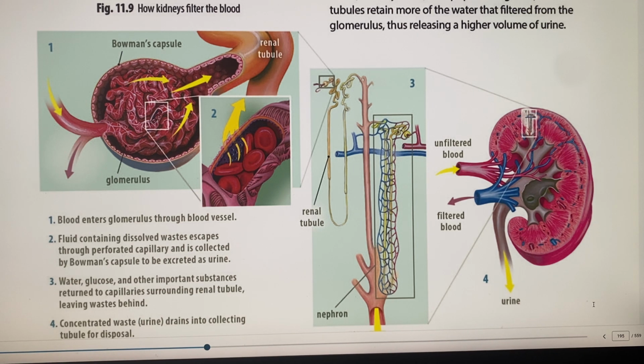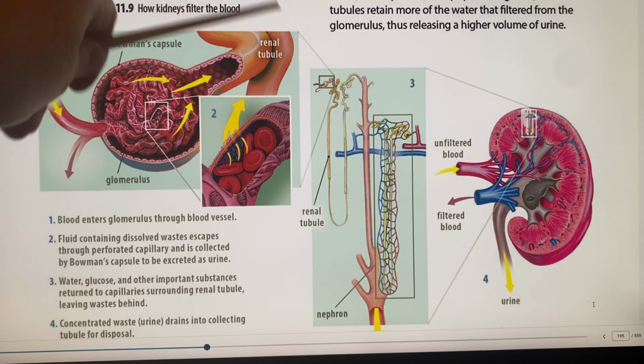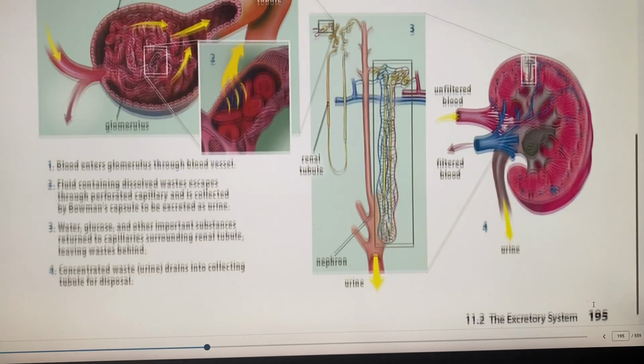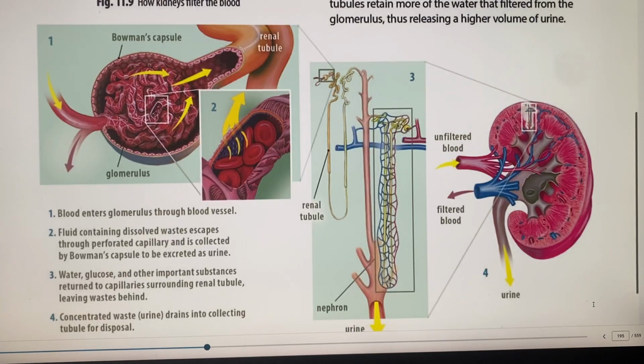This is where the blood comes in and out with the water, and the renal tube goes to the bladder. And from the bladder, it goes to the urethra. So that's how we produce urine, and get rid of our urine, I should say.